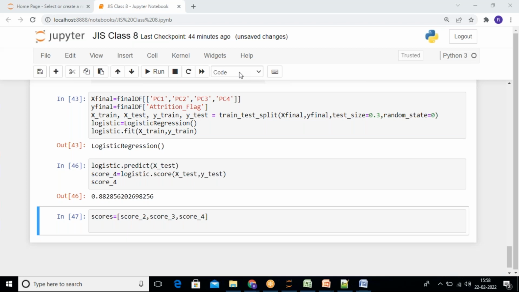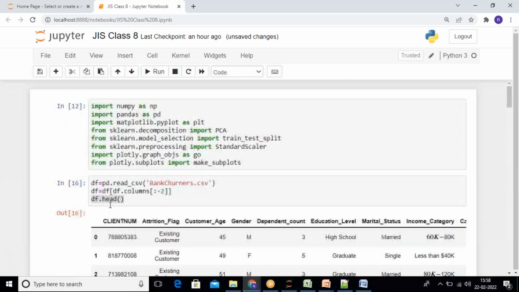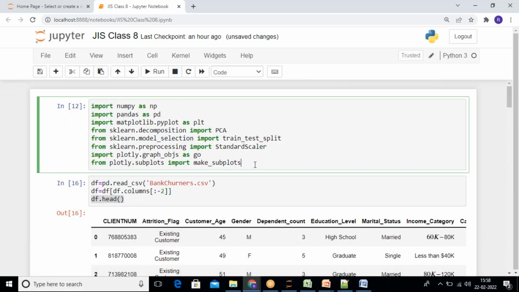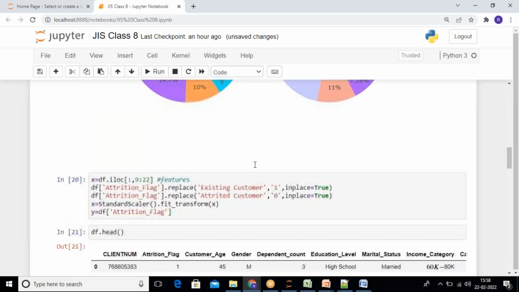we need to go for a bar plot. So for Plotly bar plot, import plotly.express as ex.